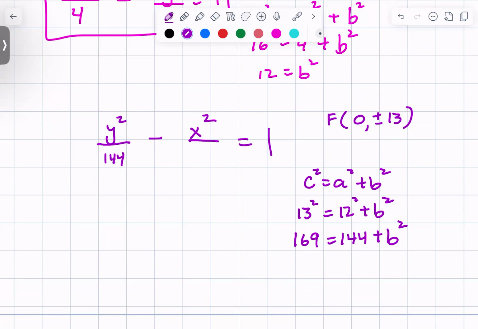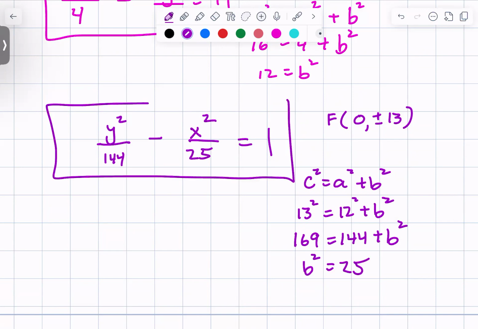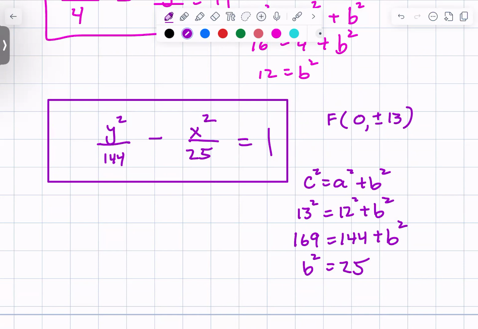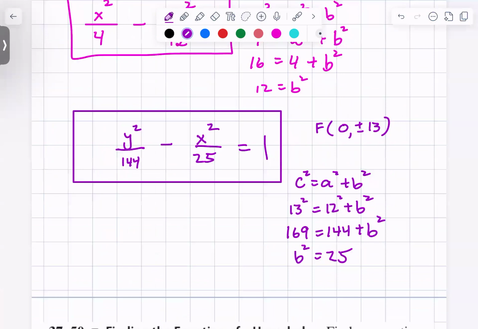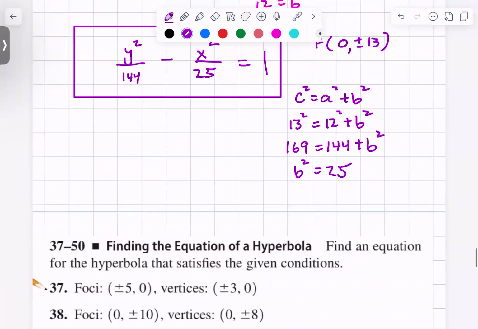Okay, so if I subtract 144 on both sides, b squared equals 25. And that number just goes here. Right? Okay.